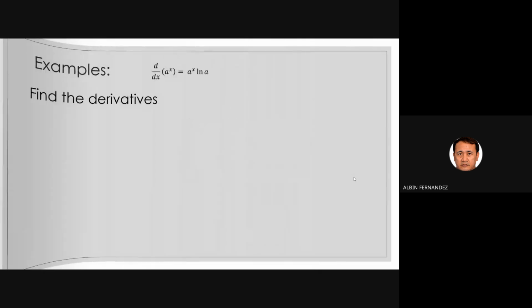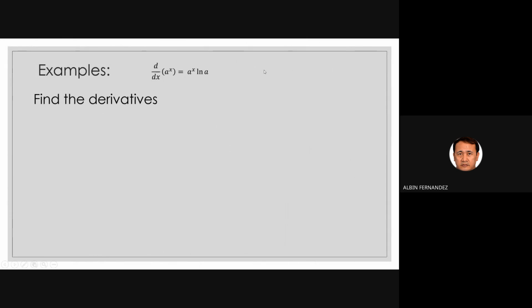For the second set of examples, we have a to the x, where its derivative is a to the x ln of a. So let's find the derivative of f of x equals 9 raised to x. 9 serves as the base, which is our a.